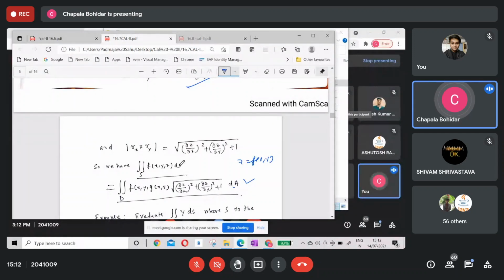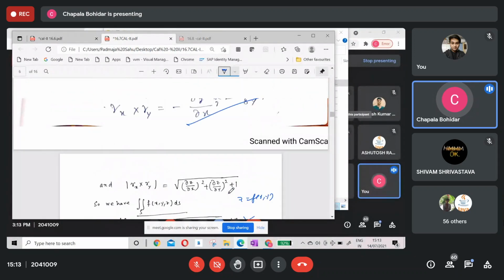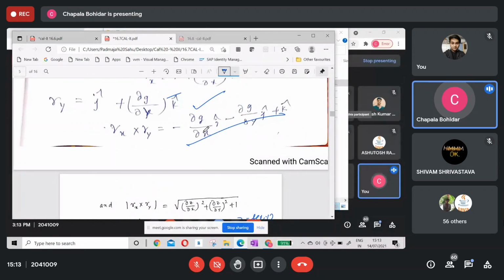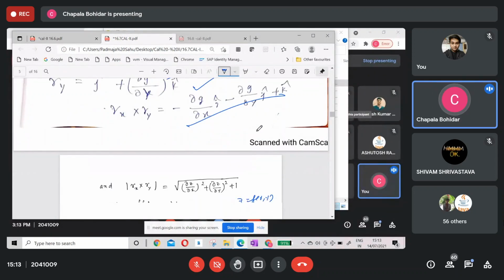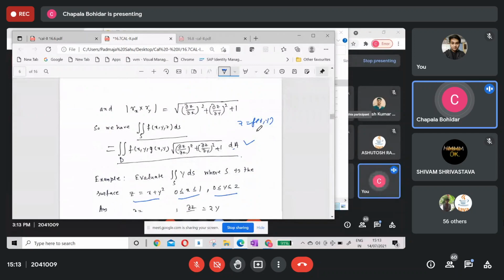Here, it is a function of x, y, g of x, y. So we write the function of x, y, g(x,y) times root over of del z by del x square plus del z by del y square plus 1 dA. So we get this absolute value is this one.